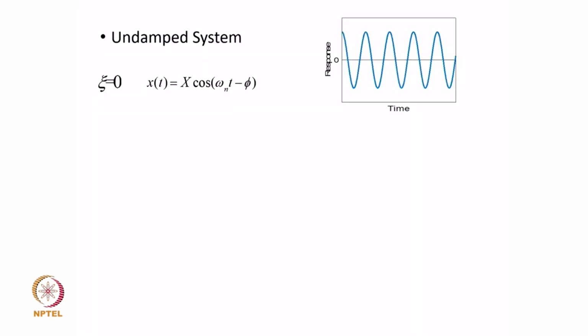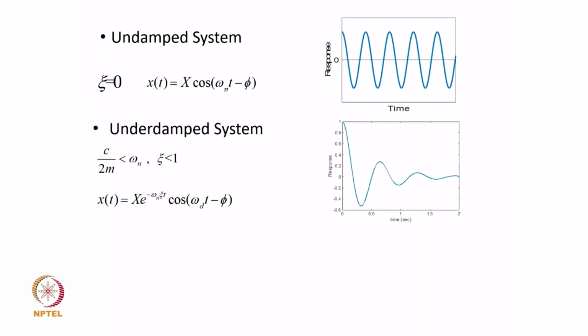Okay. So, just to give you a comparison of how different systems oscillate and show their responses once disturbed from their equilibrium position: for an undamped case, zeta equal to 0, you get a harmonic response without any change in the amplitude. So, once disturbed, it continuously vibrates without any loss of amplitude.